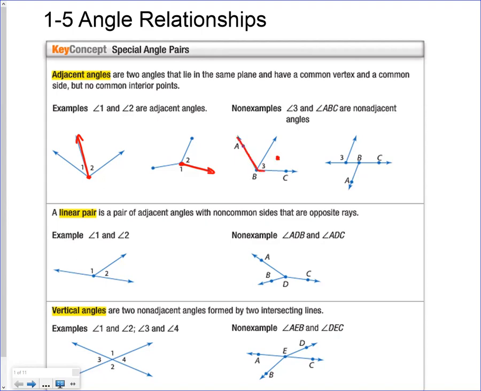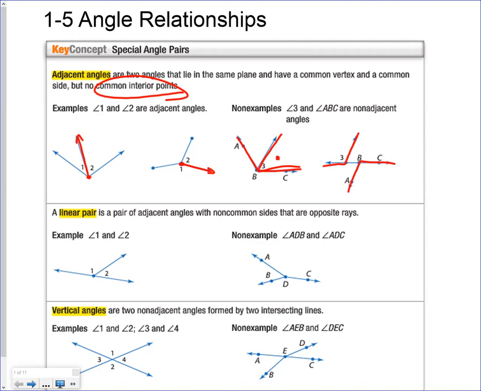Is that point inside of this angle? Yes. Is it inside of this angle? Yes. And so that is breaking that part of our definition. Similarly here, if we had angle 3 and ABC, they don't share a common vertex.